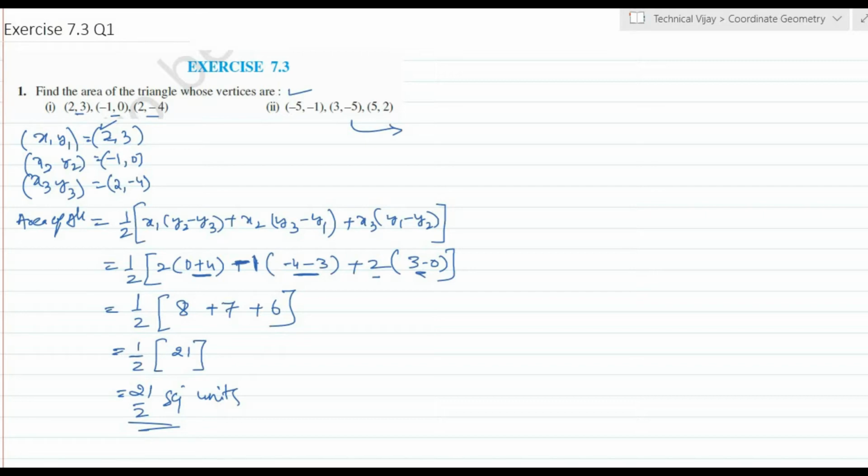Now we will solve the next one. Here this is x1 y1, this is x2 y2, this is x3 y3. So here we will put the formula.